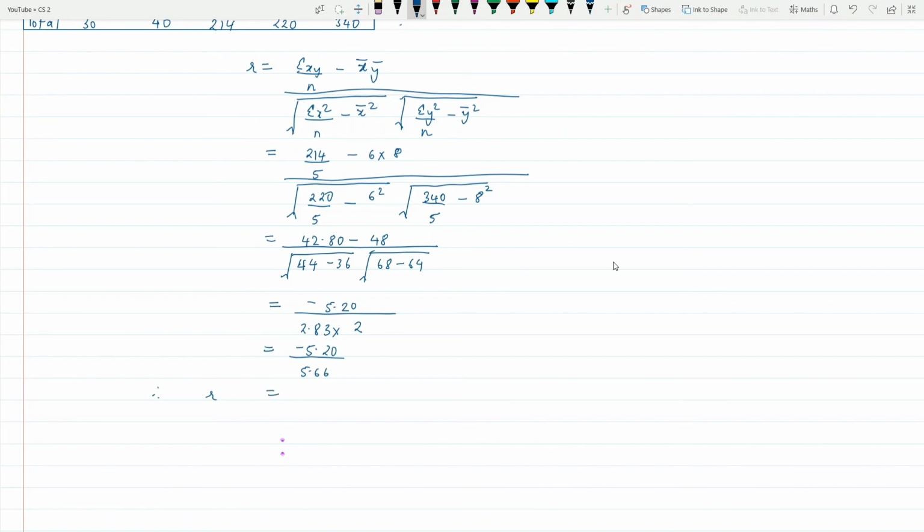So minus 5.20 divided by 5.66, we get the answer as minus 0.92. So that's the required product moment coefficient of correlation.